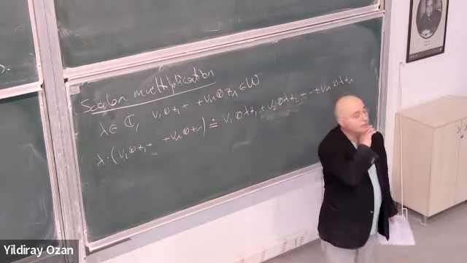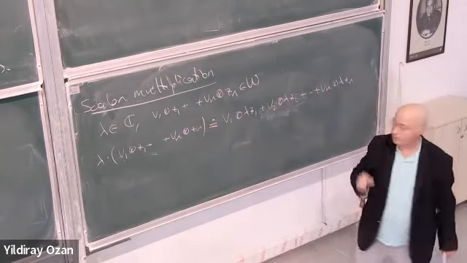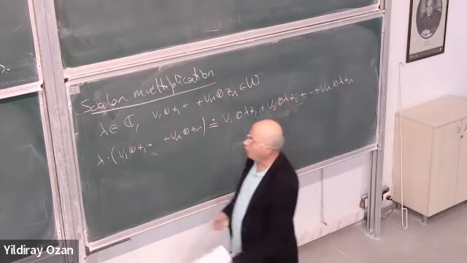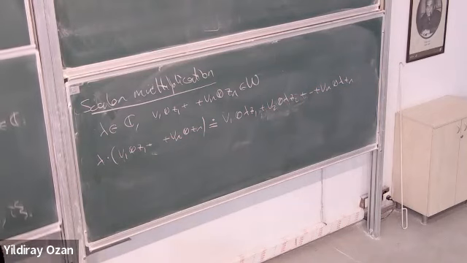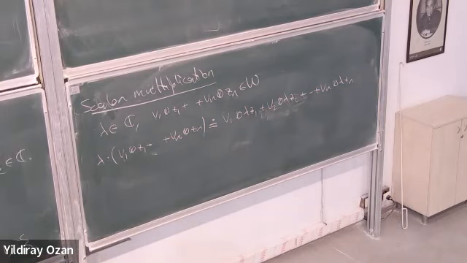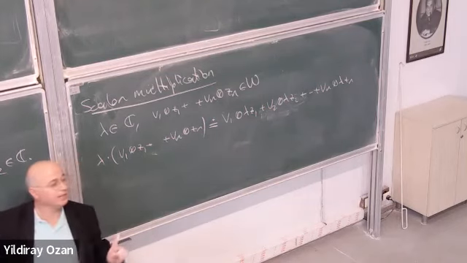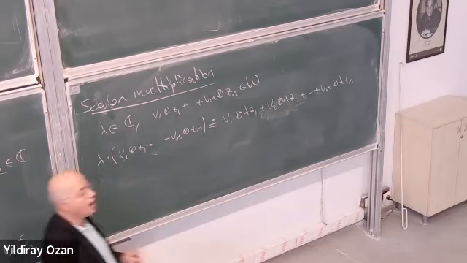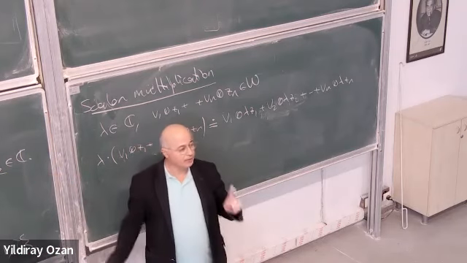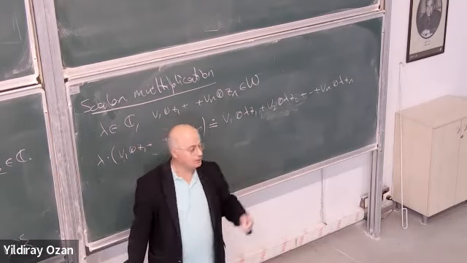Lambda is a complex number, but I claim the following: the tensor product is a complex vector space. So this is my claim. I can put a complex vector space structure here, meaning that I can multiply the elements of the tensor product with complex numbers.